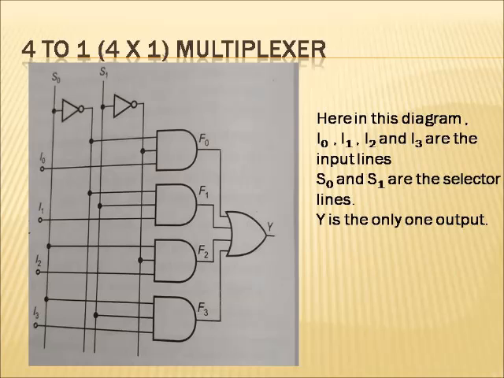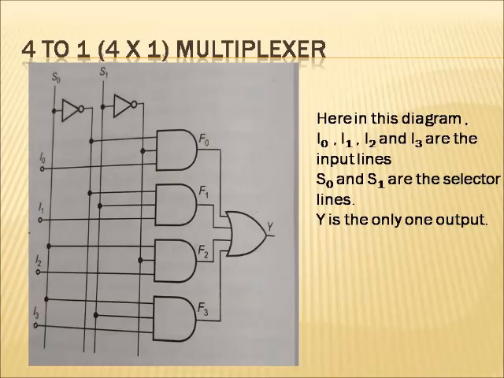We already know that a multiplexer has many input lines. Here also we can see that it has 4 input lines. Out of those 4 input lines, which one is to be selected is decided by the selector lines.